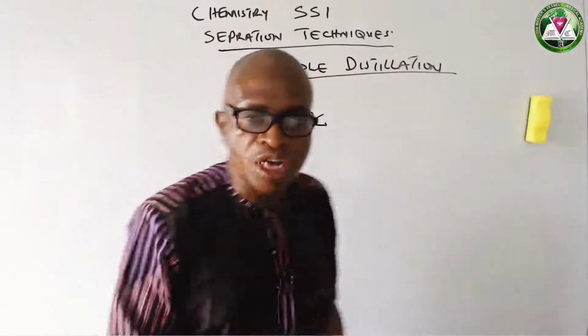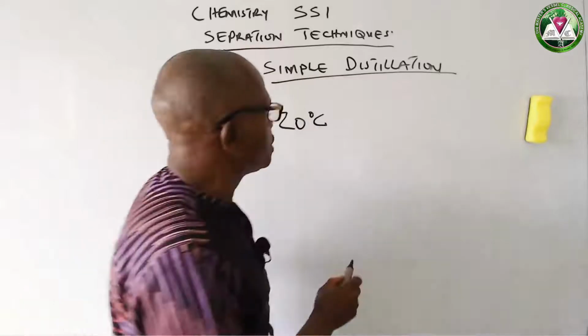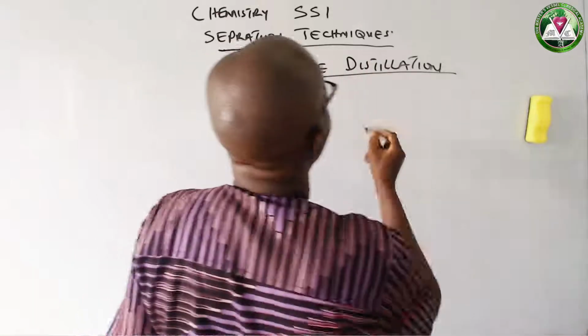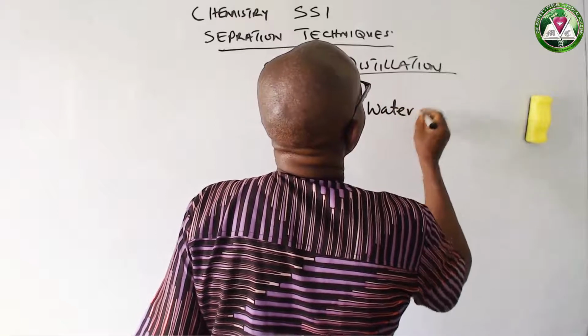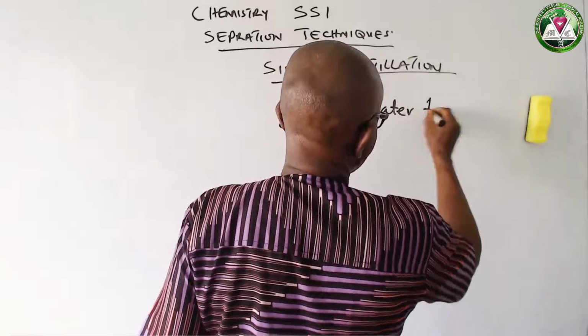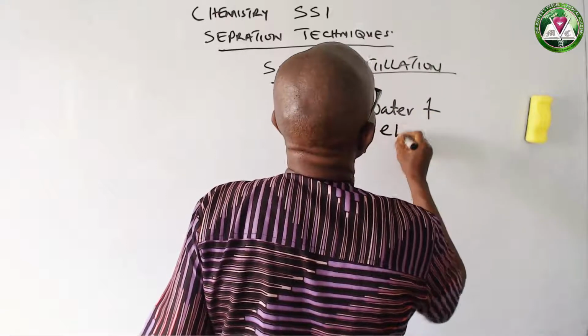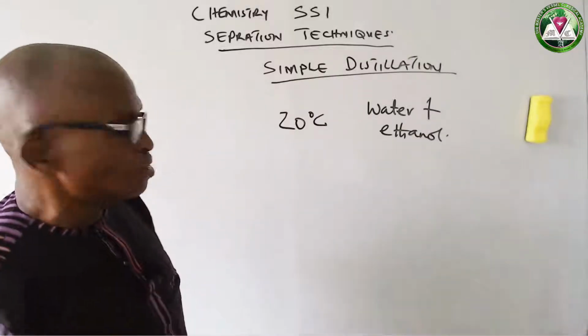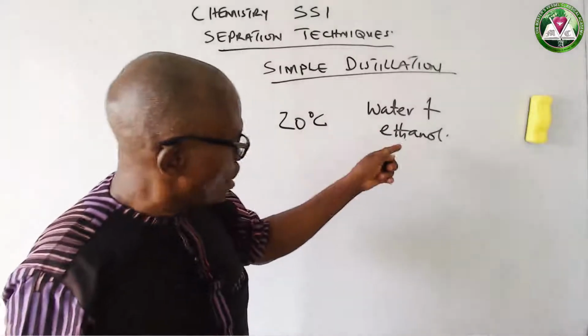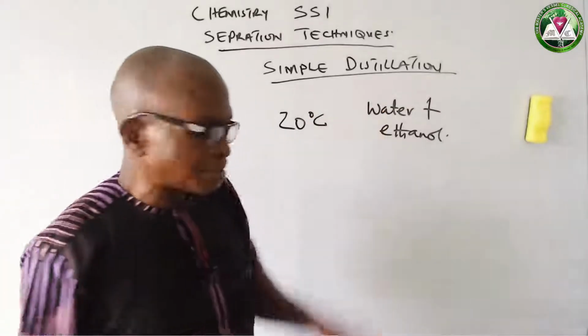But when it is more than 20 degrees centigrade, what happens? Let's take, for instance, a mixture of water and maybe ethanol. In this case, we are referring to a liquid that is miscible in water.